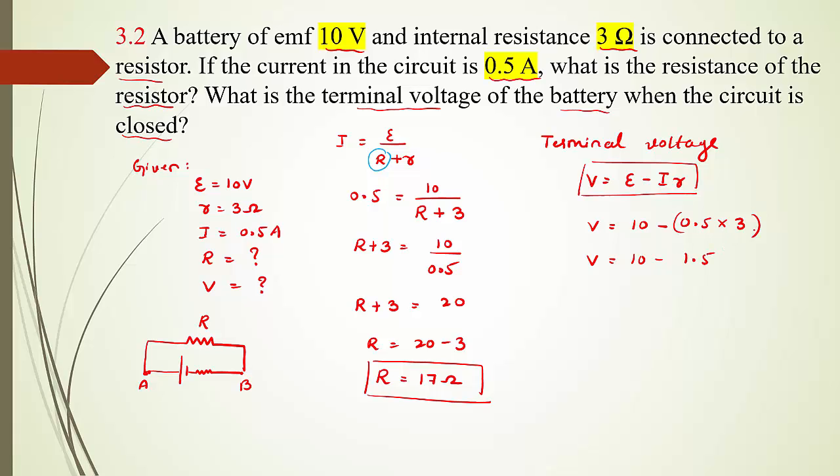So 10 minus 1.5 gives 8.5. V equal to 8.5. What is the unit? Volt. So this is the terminal voltage value. The resistance of the resistor we got is 17 ohm and the terminal voltage is 8.5 volt.